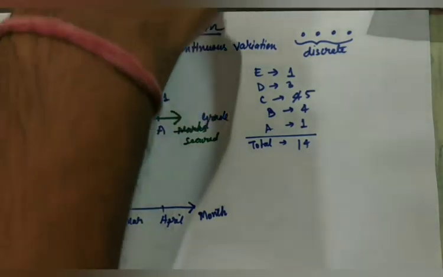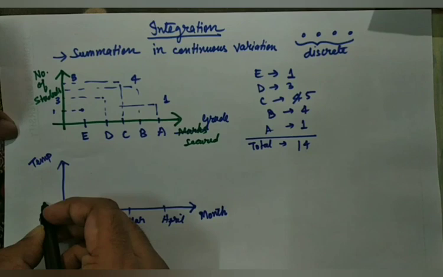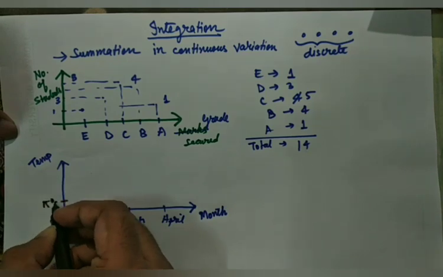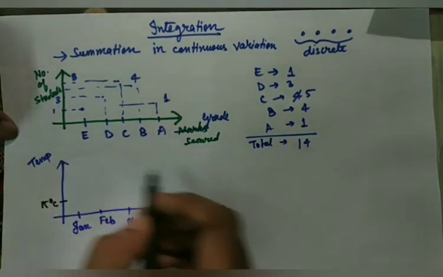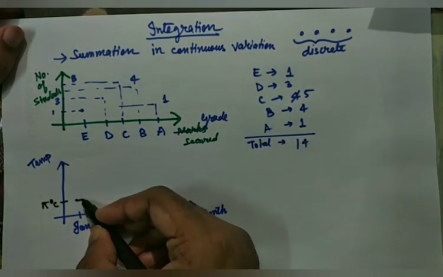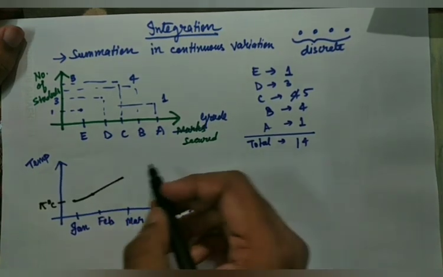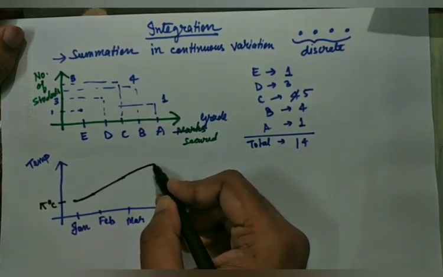In January, let's say the average daily temperature was 15 degrees Celsius, and the temperature is slowly increasing in February, and it is again increasing in March, and finally increased in April.